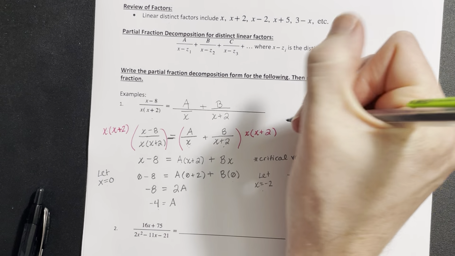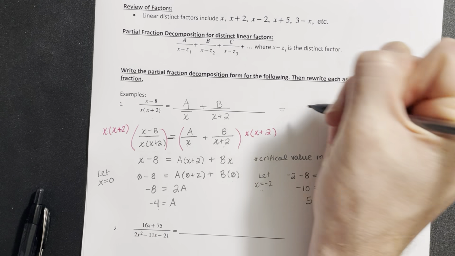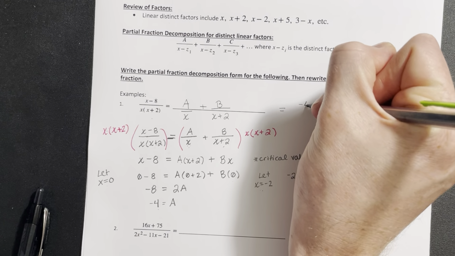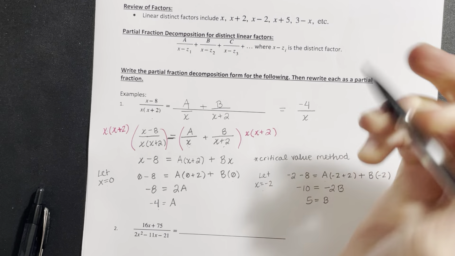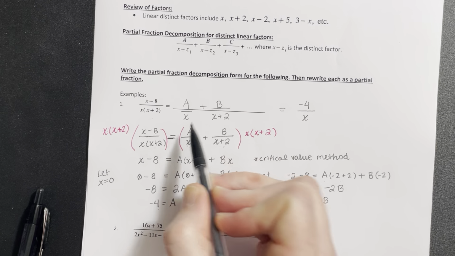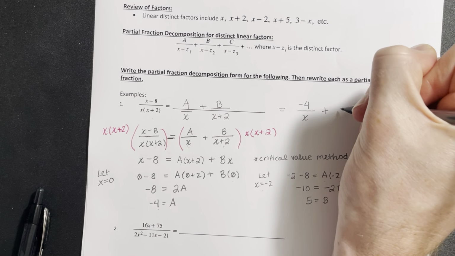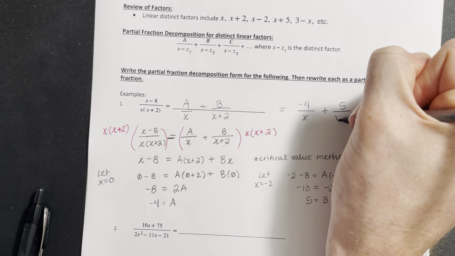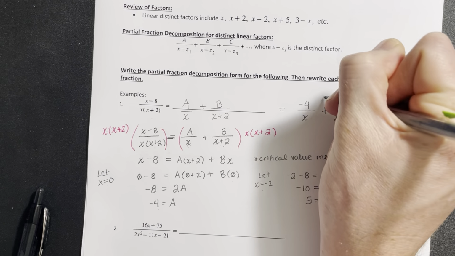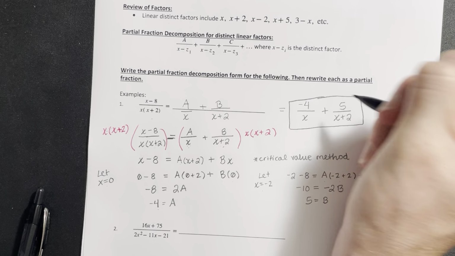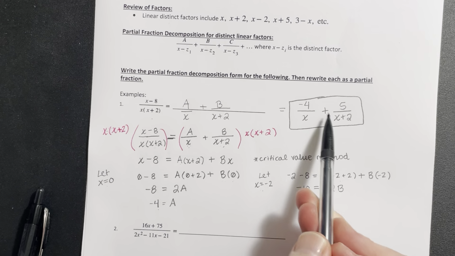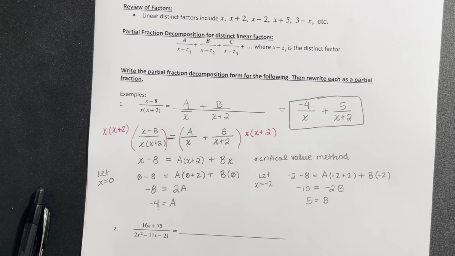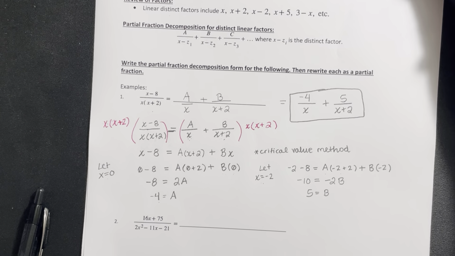So now I have a partial fraction with negative 4 in the numerator over x, because we had a over x plus b, which is 5, over x plus 2. If we were to add these together by getting a common denominator, we should get back to the original fraction that we started with. All right, let's look at number 2.